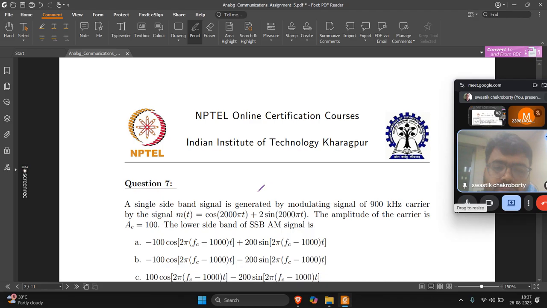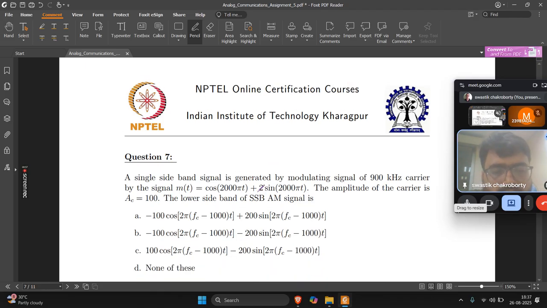Next, a single sideband signal is generated by modulating a 900 kHz carrier by the signal mt equal to cos 2000 pi t plus 2 sine 2000 pi t.